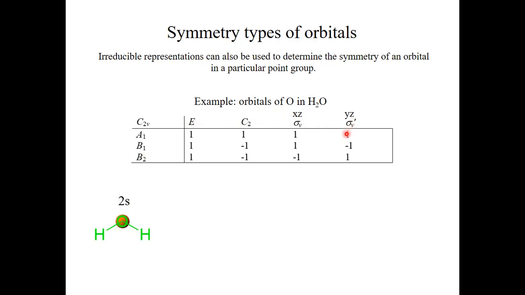And that's only the case for the irreducible representation of the type A1. We therefore can say that, well, this orbital within the point group has a symmetry type of A1.